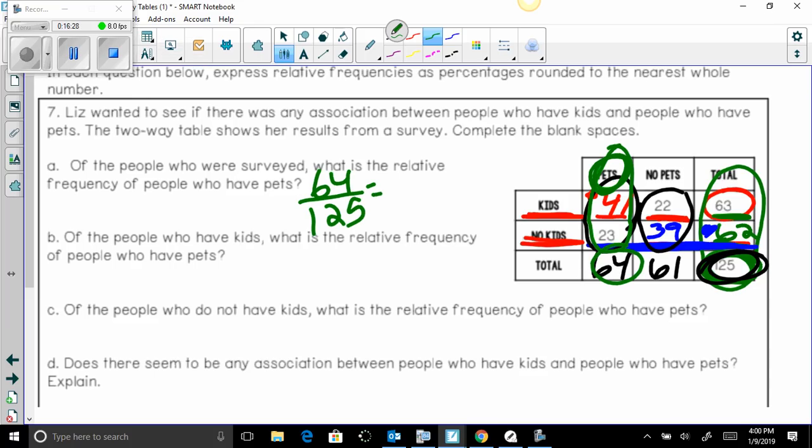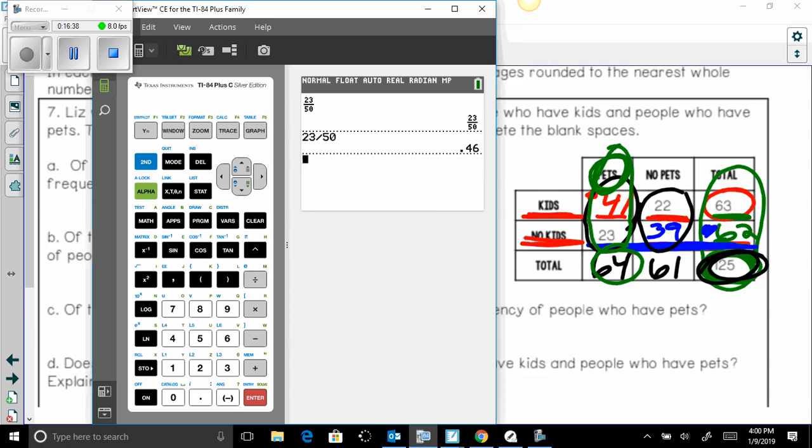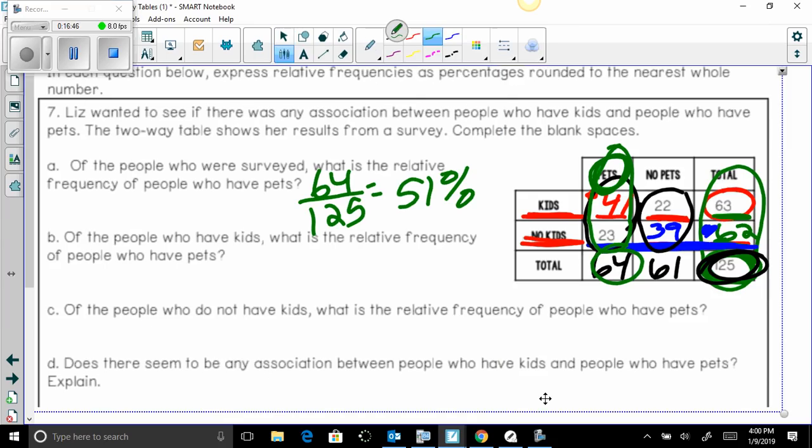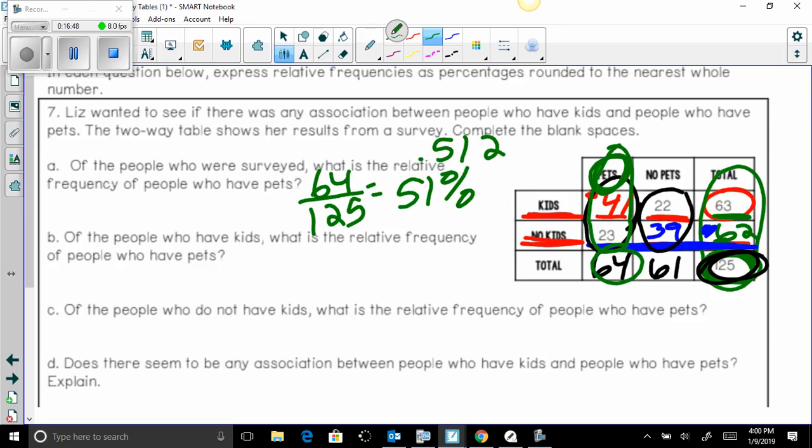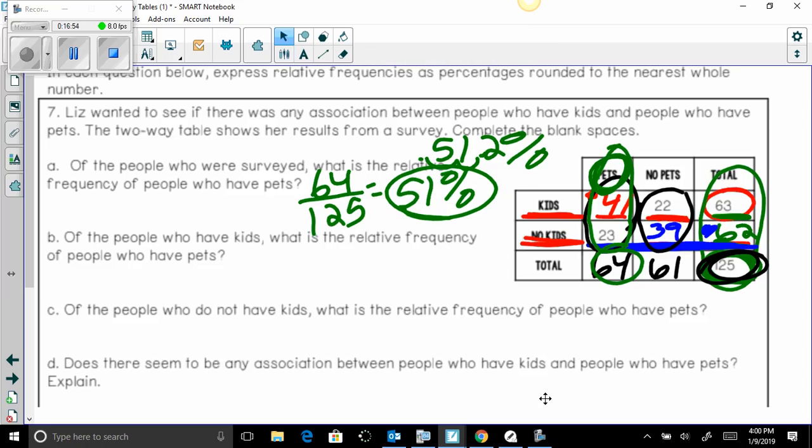If I put that in my calculator and round that decimal to the nearest whole number, I get 51%. Because 64 divided by 125 is 0.512. If I move that over twice, 51.2%, the nearest percent is 51.